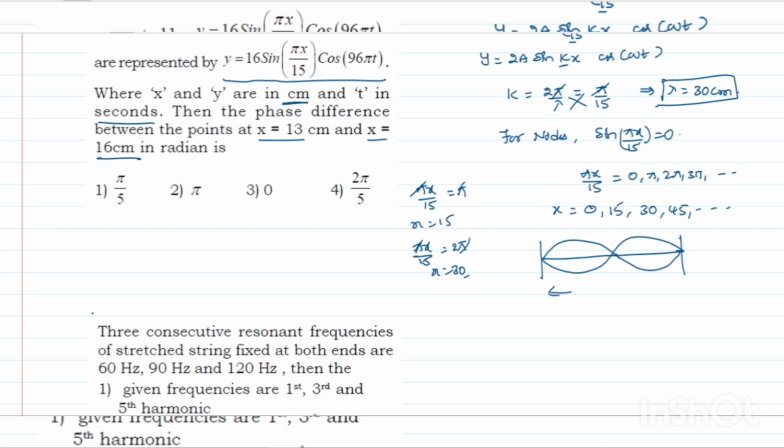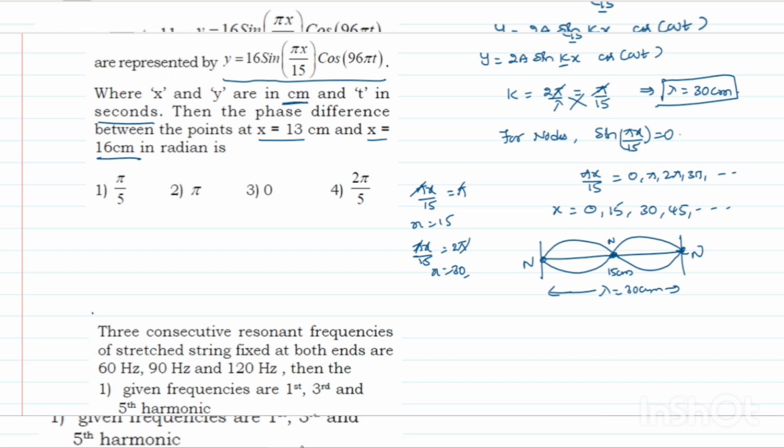The total wavelength is given as 30 centimeters, and this will be a node point, and this is a node point, and here is one more node point. So here it is nothing but lambda by 2, in the sense here we'll be getting this at 15 centimeters.